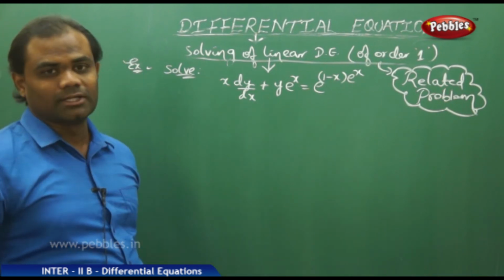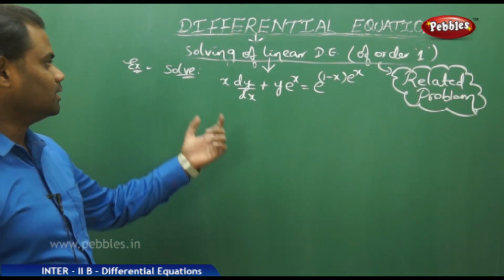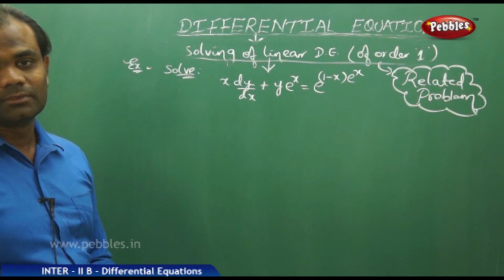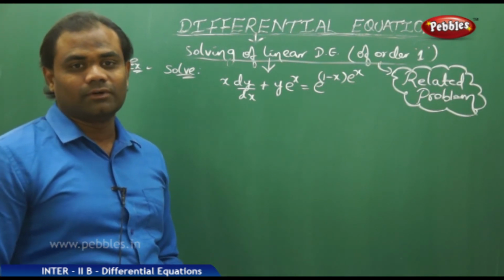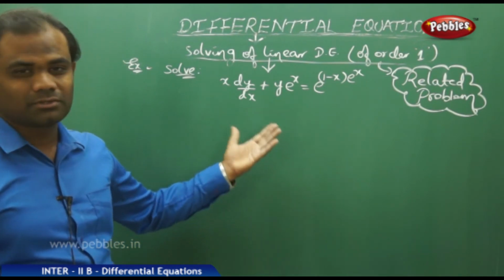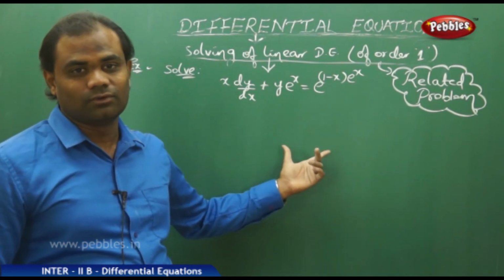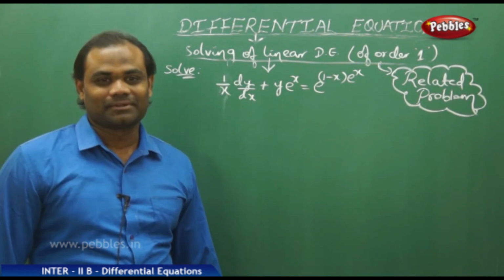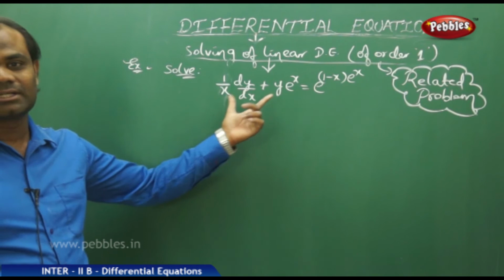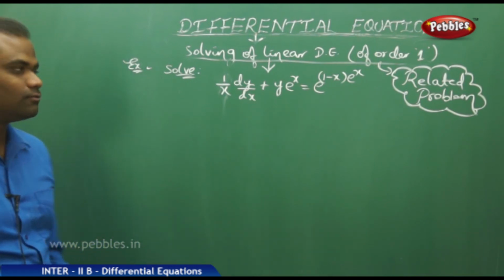So in order to solve this, initially let's convert this into linear form, which is very important. Converting the given differential equation into the linear form is the first and foremost step. So I have to solve this by reducing this into linear form.